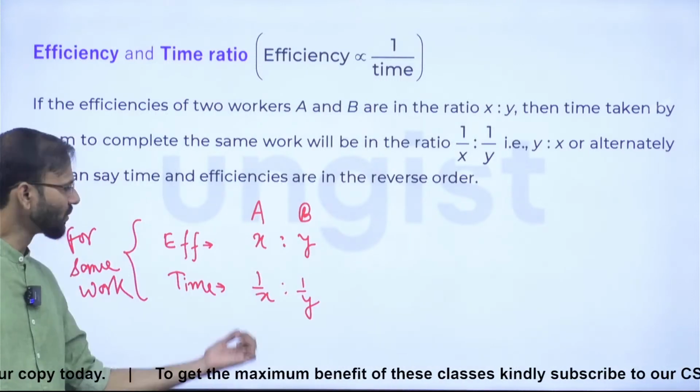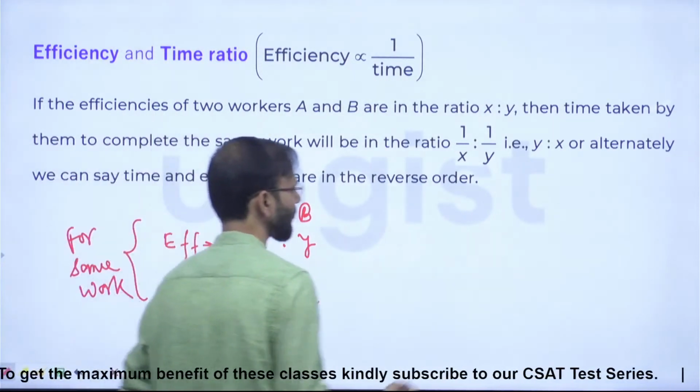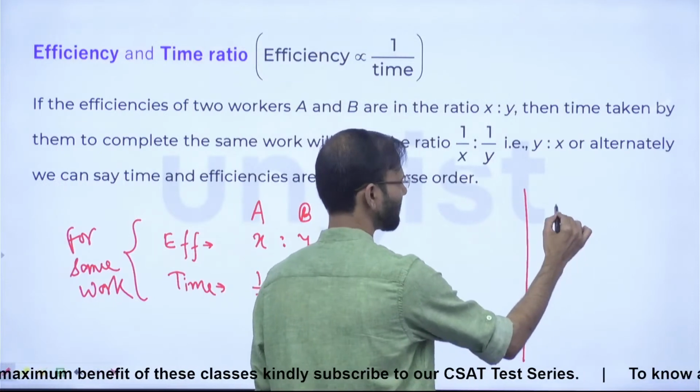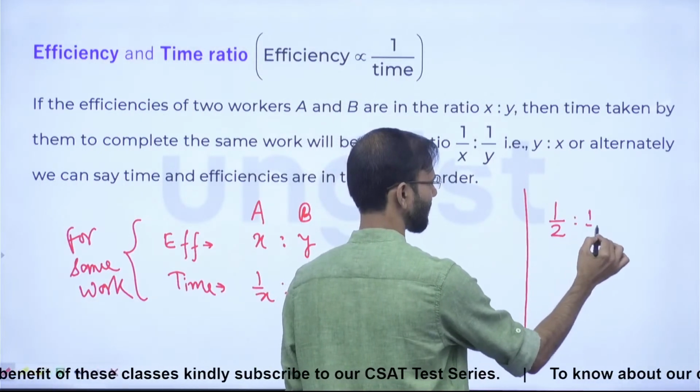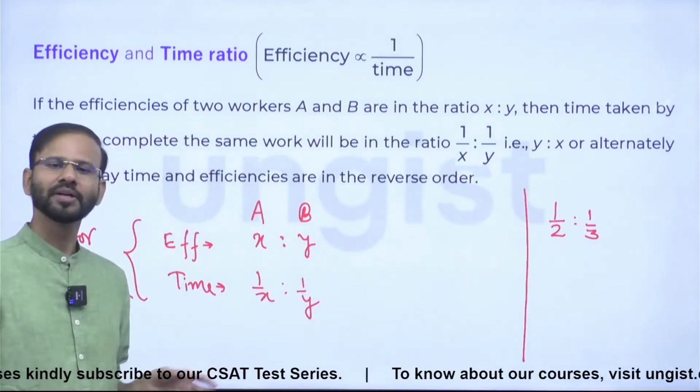So what is 1 by x is to 1 by y? For example, let's say 1 by 2 is to 1 by 3. What is 1 by 2 is to 1 by 3?